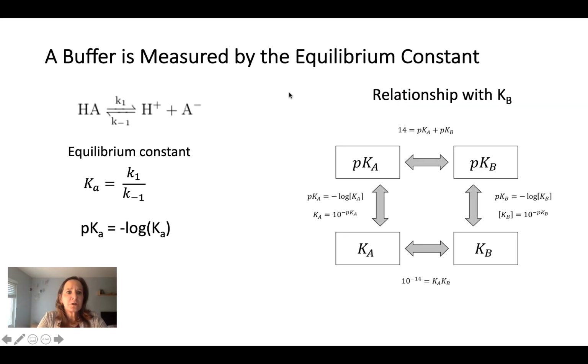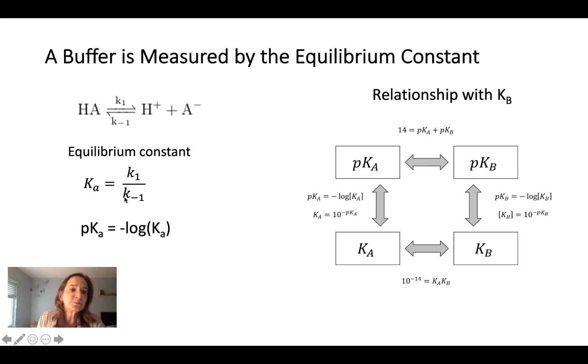When we measure a buffer, we measure it based on its equilibrium constant. So again, with a weak acid and its conjugate base, or weak base and its conjugate acid, they have a state of equilibrium going on. And the equilibrium constant is a ratio of the forward direction versus the reverse direction of any chemical reaction going on.